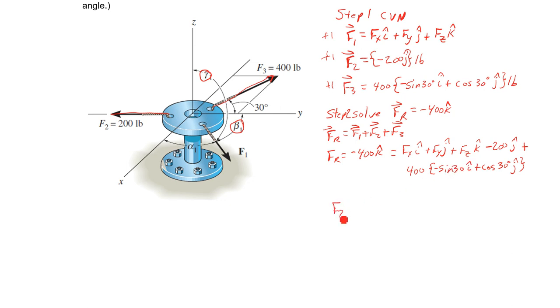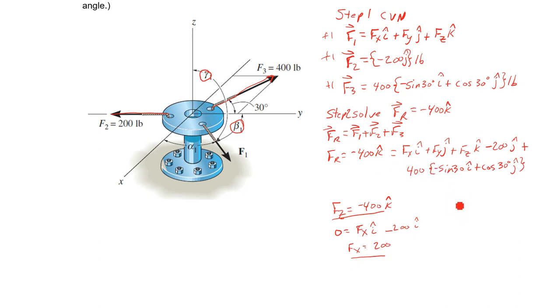So Fz equals negative 400k, and then we have 0 equals, so the i is Fx, the i direction, and then this is also acting in i, that's sine of 30 is 1/2, so we're going to have negative 200 i, so Fx must be positive 200. There's that component, there's this component.